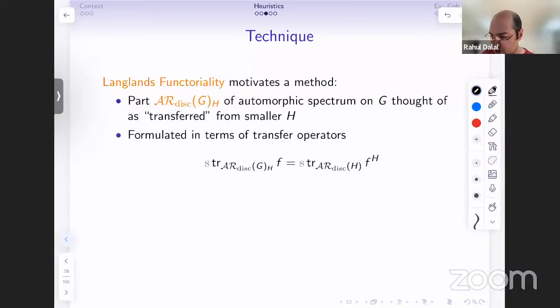Okay, so what does this word transferred mean? It means it's formulated in terms of traces and transfer operators on functions.